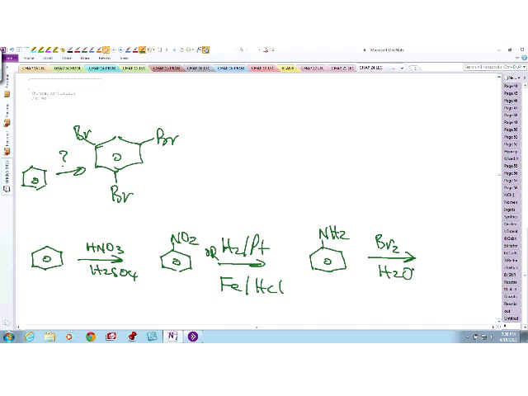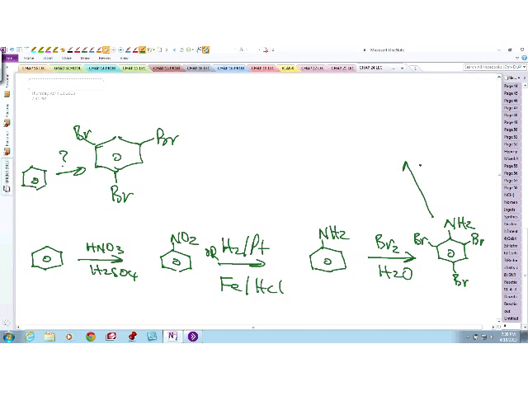React with bromine in water. What do you get? Exactly. Remember we told you that the amino group is so reactive. So you are going to get this, because the amino group is a directing group, directing to all those ortho and para positions.